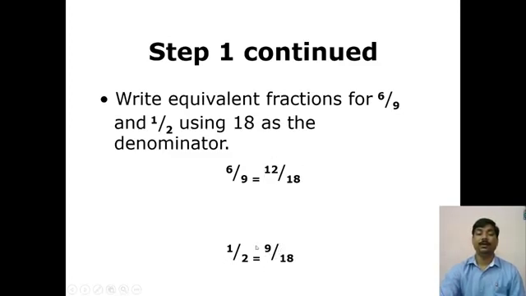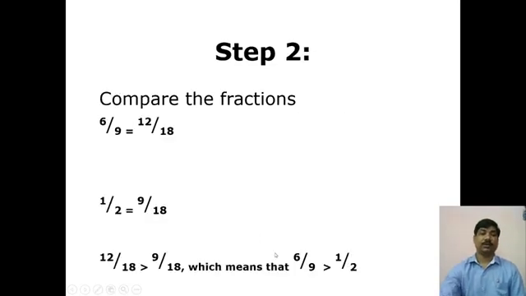Here the 12 upon 18 and 9 upon 18 are like fractions. So after converting to like fractions, 12 upon 18 is greater than 9 upon 18 because the numerator is greater in comparison to the numerator of the second fraction. So it is clear from step second, 12 upon 18 is greater than 9 upon 18.